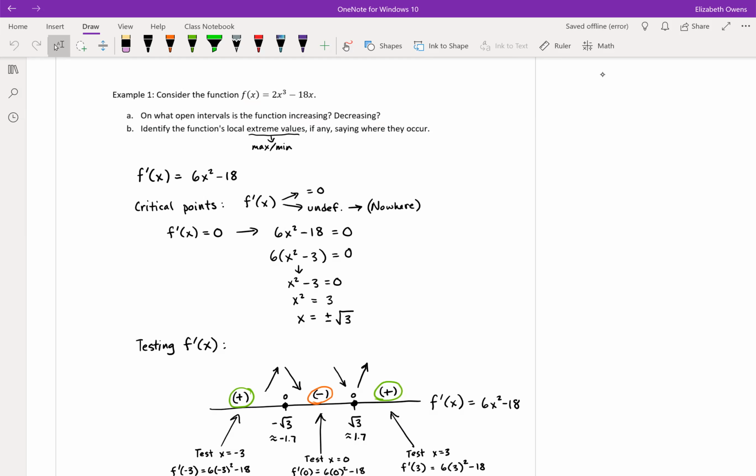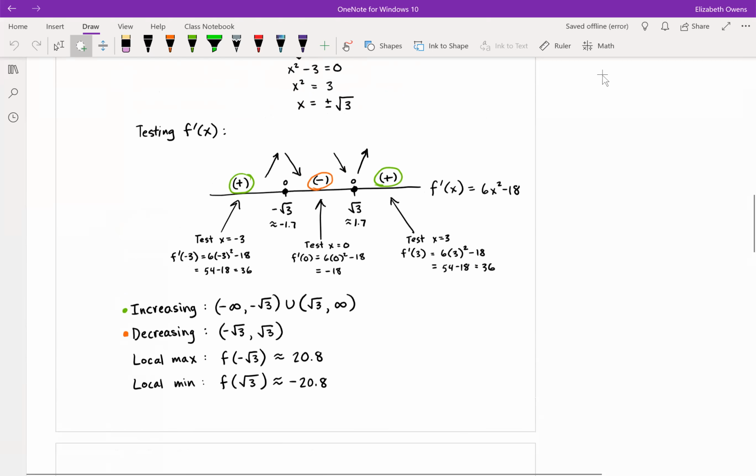Okay, so here was our, oh, we didn't graph this, but we did find where it was increasing and decreasing. So here's an experiment for you as you're watching this video. Graph this function, f of x equals 2x cubed minus 18x, and see that it matches up with our ideas of increasing, decreasing. We found the local maxima and minima.